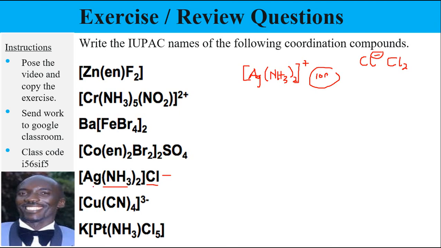So this one will become diamine silver 1 chloride. So instead of putting the ion, I put the name of the ion.